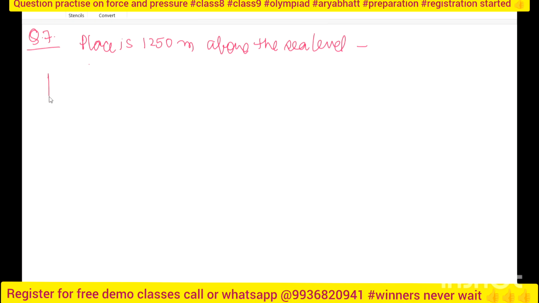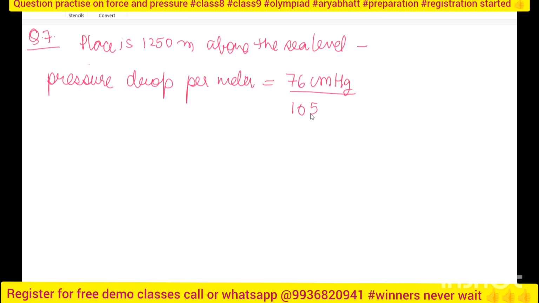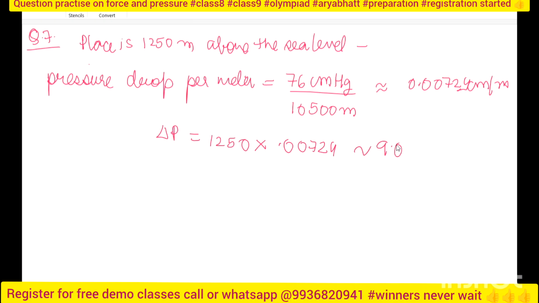It is 76 centimeter Hg column divided by 10500 meter, approximately 0.00724 centimeter per meter.